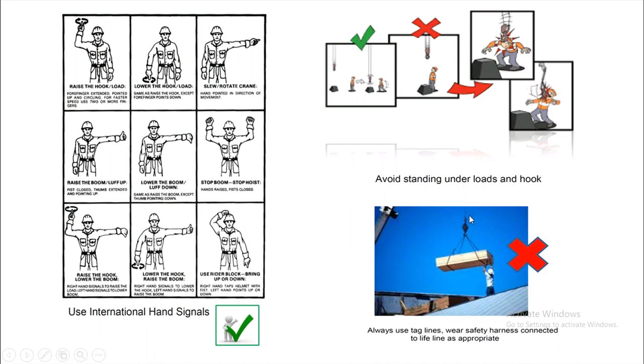For example, always use the taglines well, and the safety harness connected to the line as appropriate. Here the rigger is directly controlling the load by hand without taglines, and at the same time the rigger doesn't have any safety harness to prevent him from falling off the roof. So this is unacceptable.